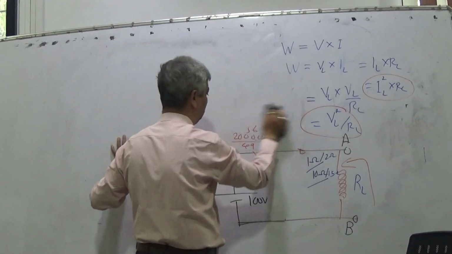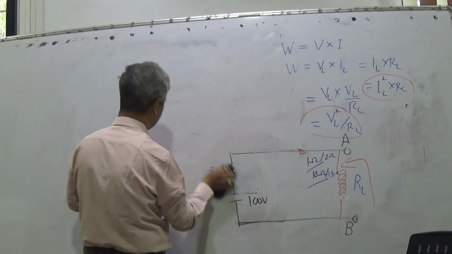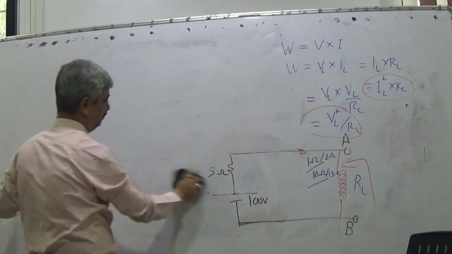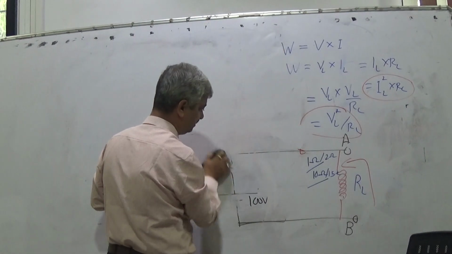So effectively, I have got a voltage source. I am just drawing it on this side so as to create proper board space.